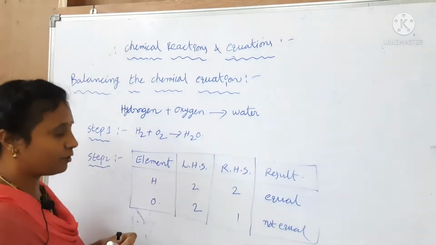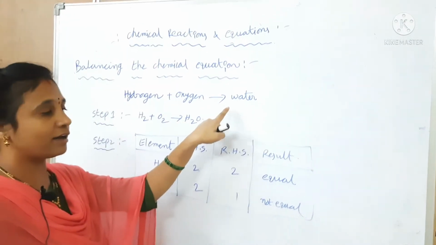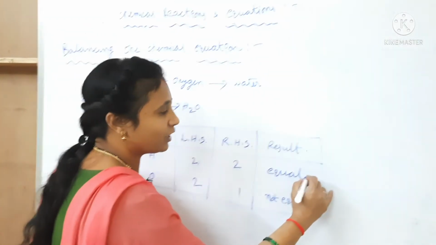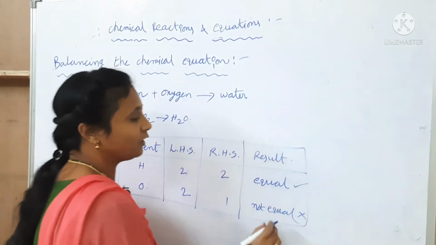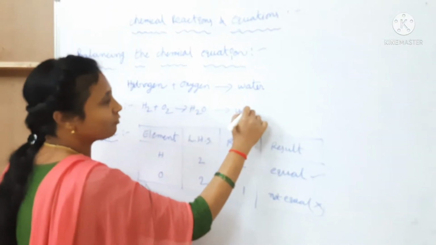By seeing this table, we can easily identify whether the given equation is balanced or not. Hydrogen is equal, oxygen is not equal. For this reason, the given equation is an unbalanced equation.